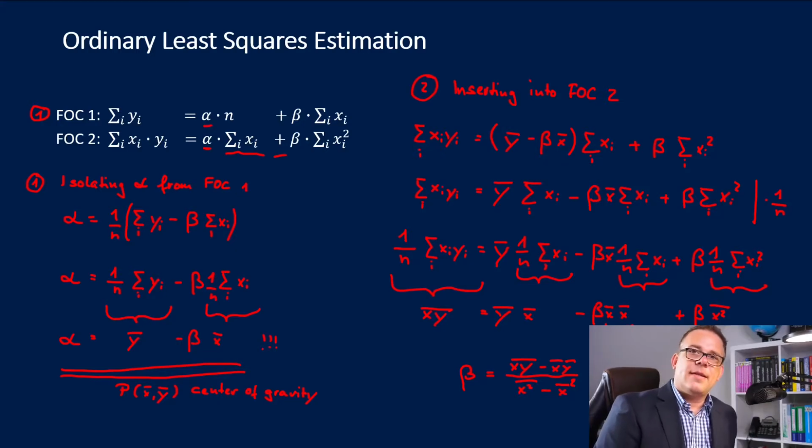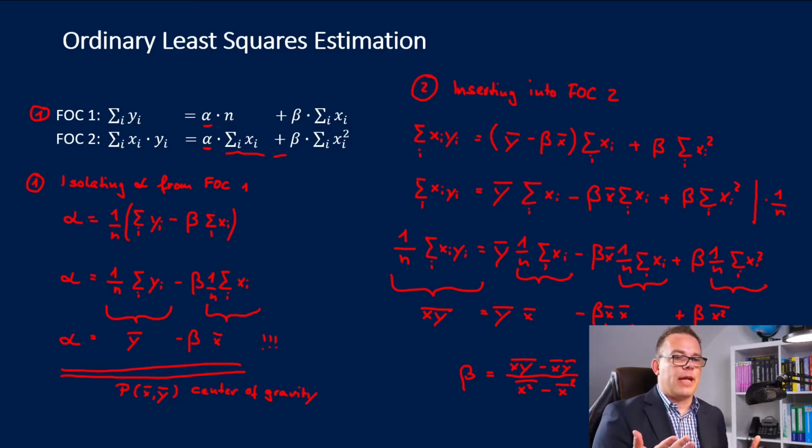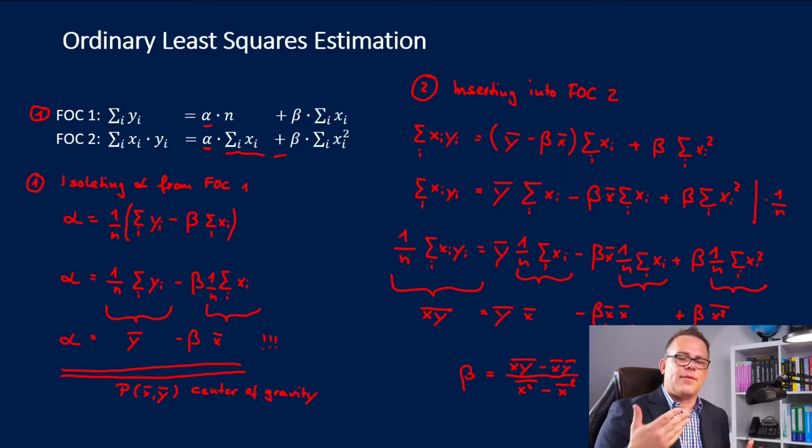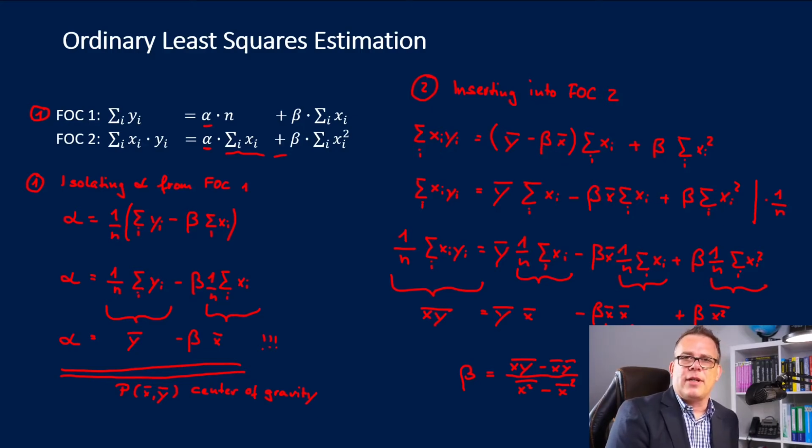This is the slope of our regression line in a simple regression with just one explanatory variable, that would be x. And that's a very, very nice simplification because we can simply calculate those numbers. We don't have to solve a system of linear equations, and that makes our life a lot easier.